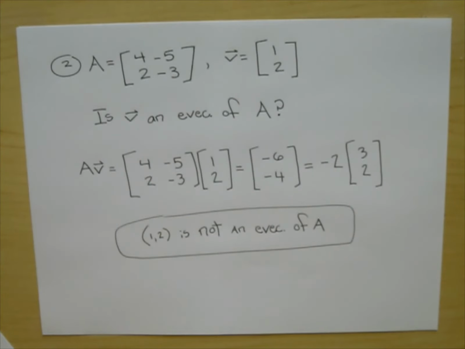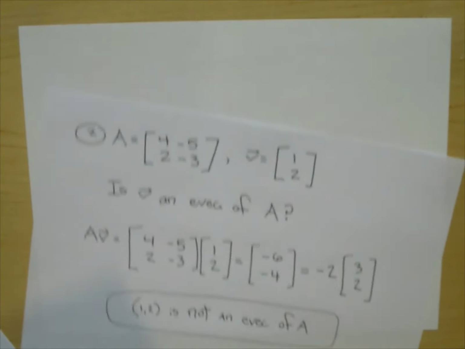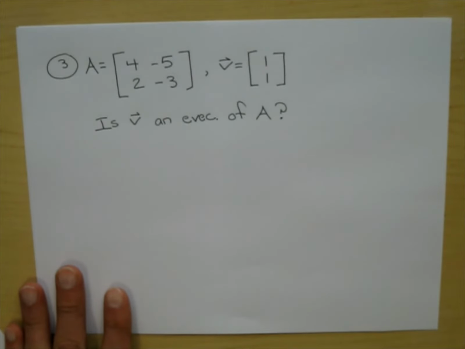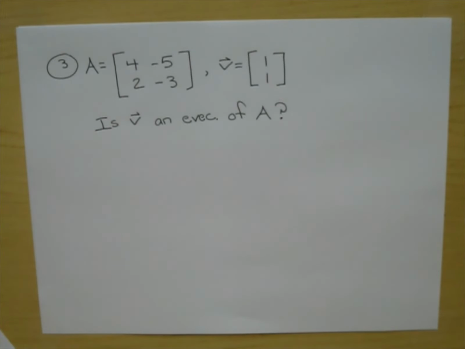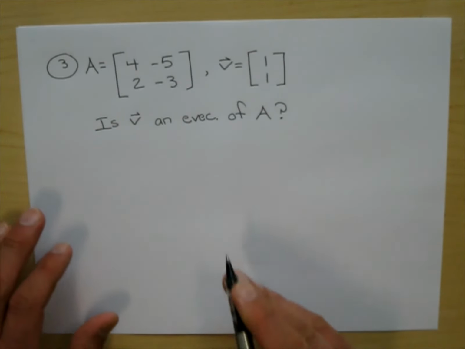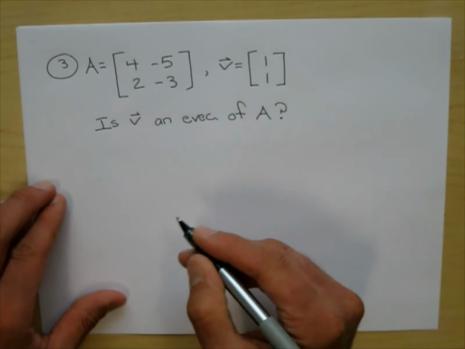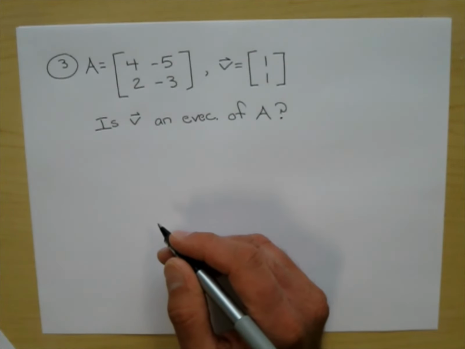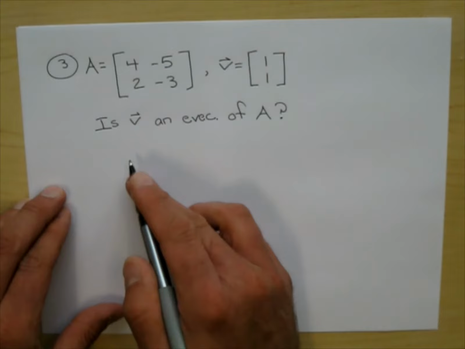So problem number 3, if I can find it over here in this pile of papers, here it is. Same matrix, and I changed the V to 1, 1. Is V an eigenvector of A? So let's go ahead and do this example.